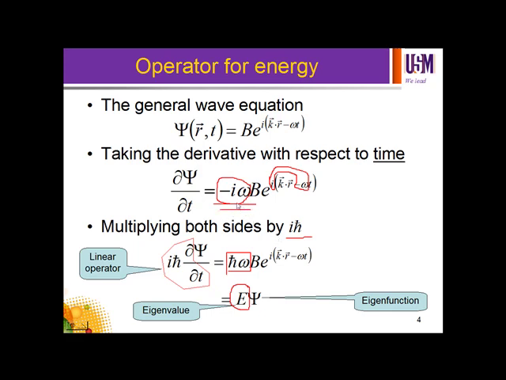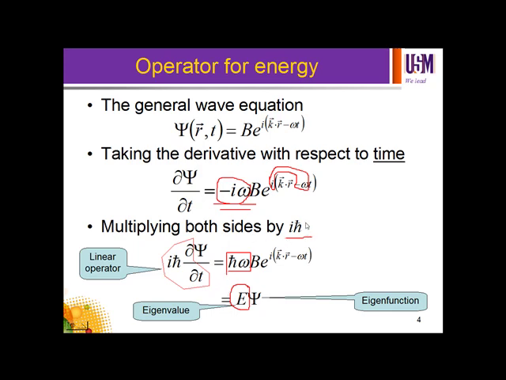In order to eliminate negative i and replace it with h bar, we multiply the term negative i omega with i h bar. So i multiplied by i gives i squared equal to negative 1, and the negative will cancel the negative sign here. That's why it is positive here.